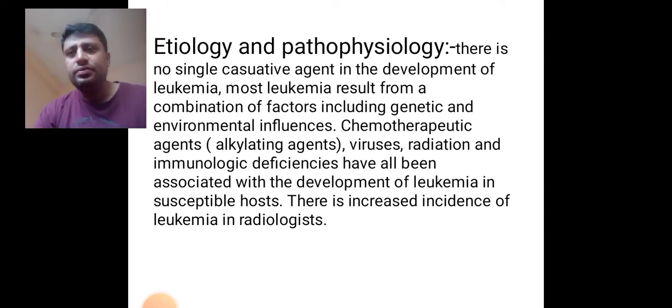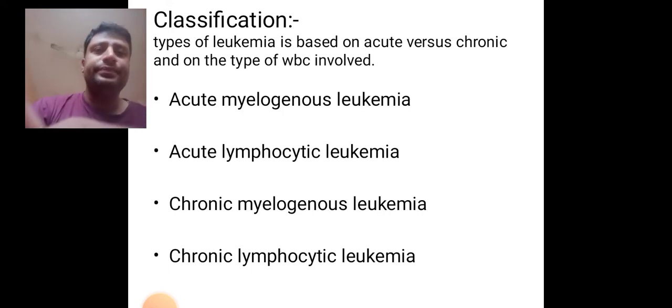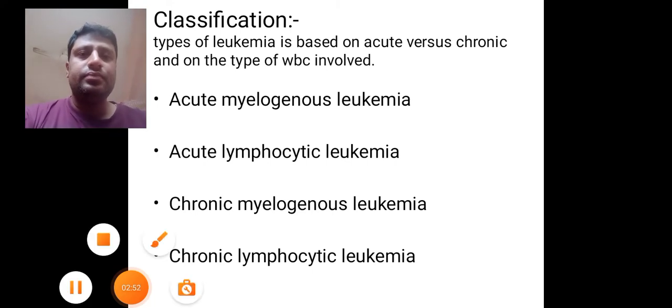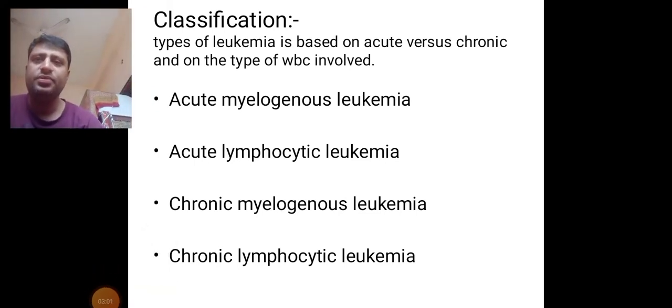So, based on this, leukemia is classified in four categories: acute myelogenous leukemia, acute lymphocytic leukemia, chronic myelogenous leukemia, and chronic lymphocytic leukemia.